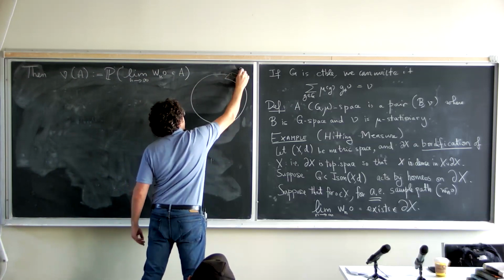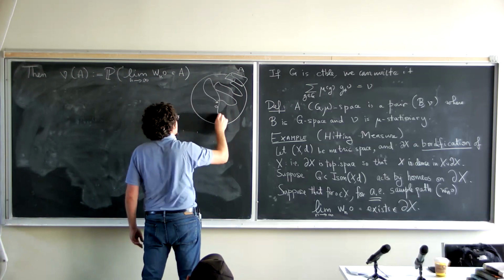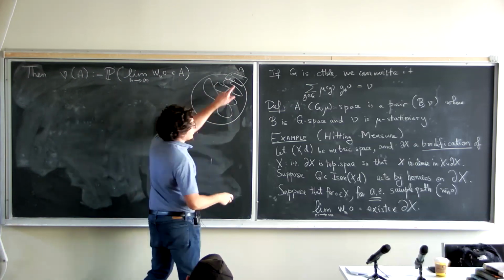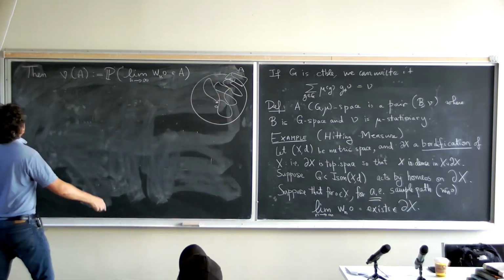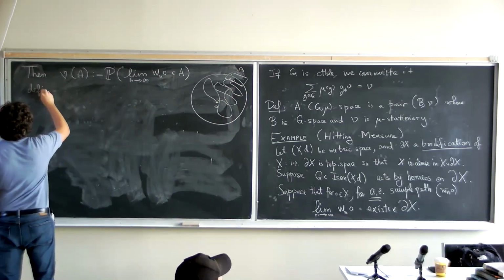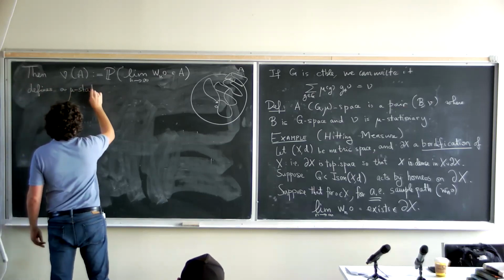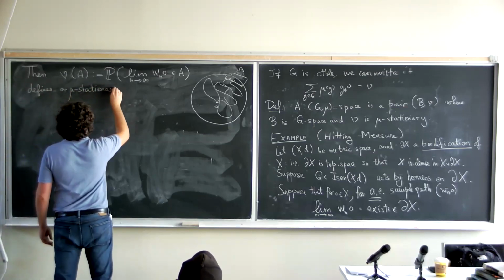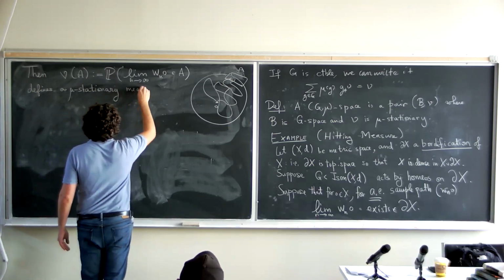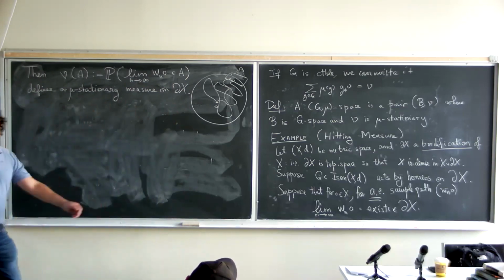You have a subset A, you have O, you have your walk, and your walk might or might not converge in A. So nu defines a stationary mu measure on this geometric map.